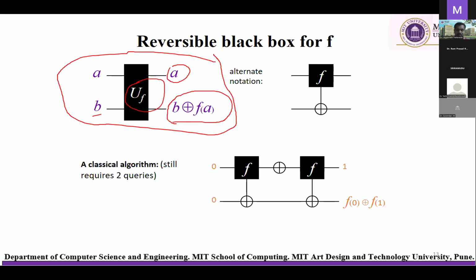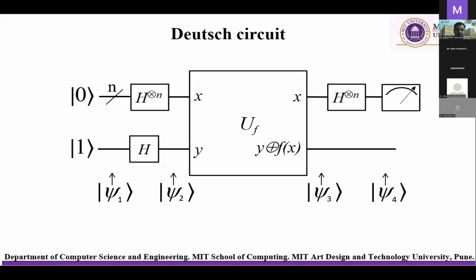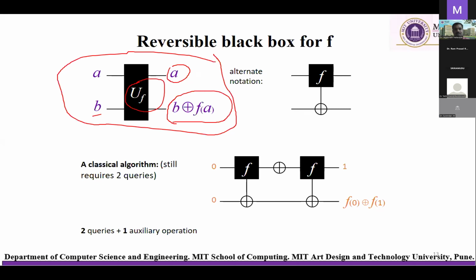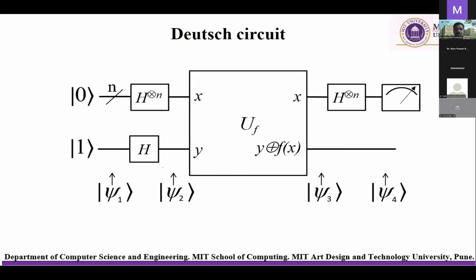But if we want to solve this problem using a quantum computer, then definitely it can be solved using only one query. So Deutsch designed this circuit, and the name given to it is the Deutsch circuit.